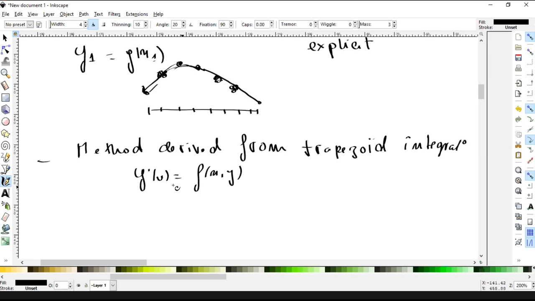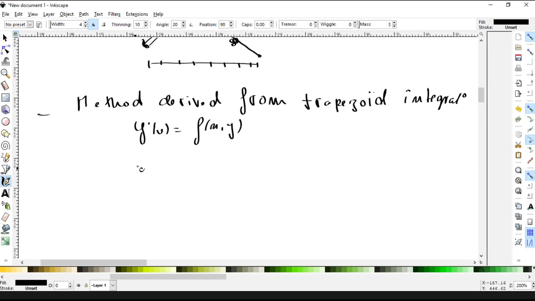Last time I didn't derive it completely. So this means that y of x is the integral.